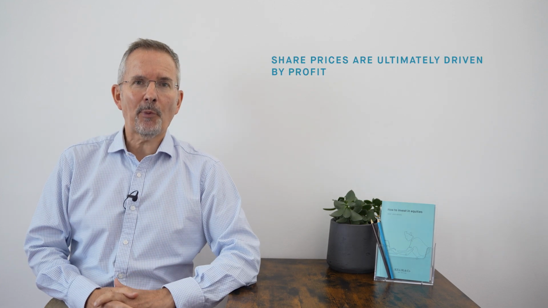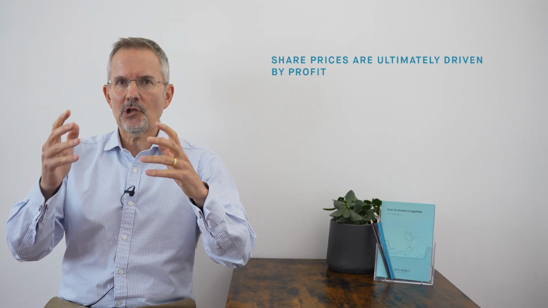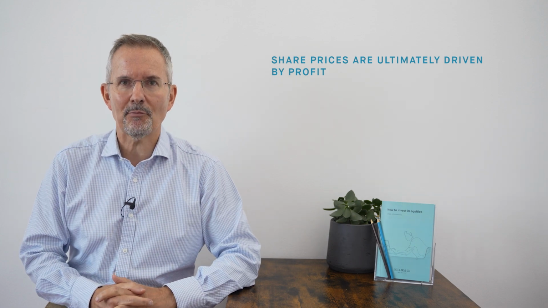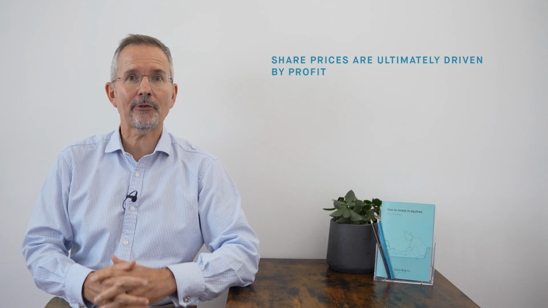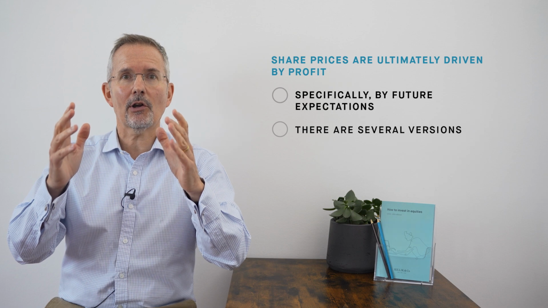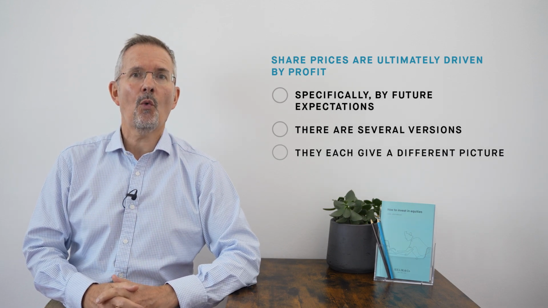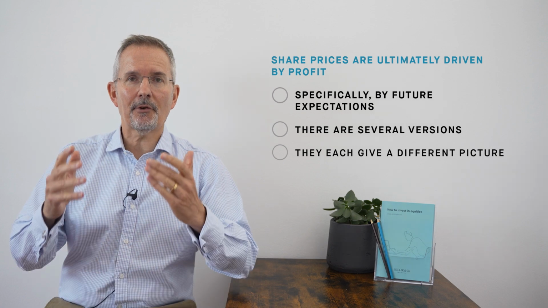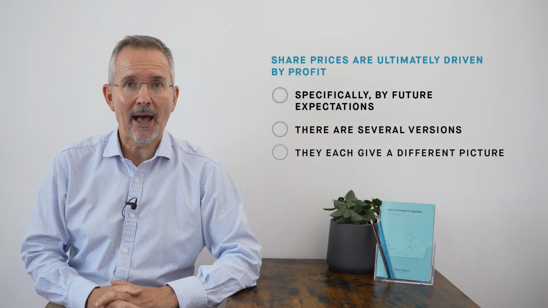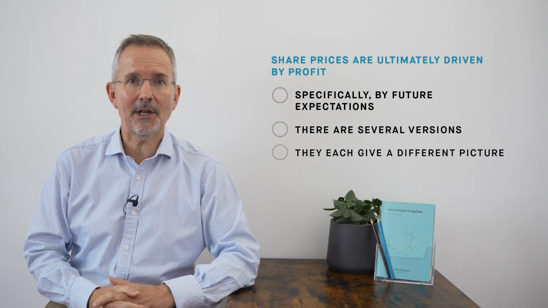So, first point, back to basics, if you like: share prices are fundamentally driven by profit. The reason I'm going to talk about profit first is that it is arguably the key number, and it's the one that investors watch the most closely. Now, there are several versions of profit, and that's a key plank of this video.